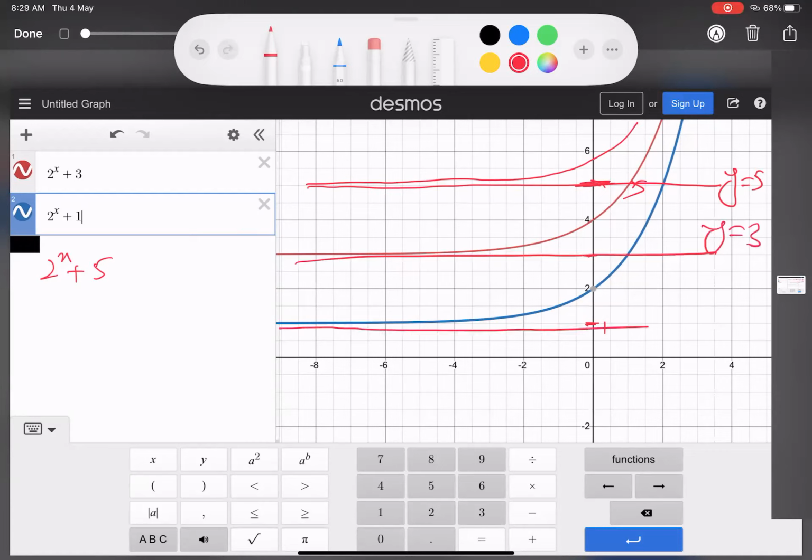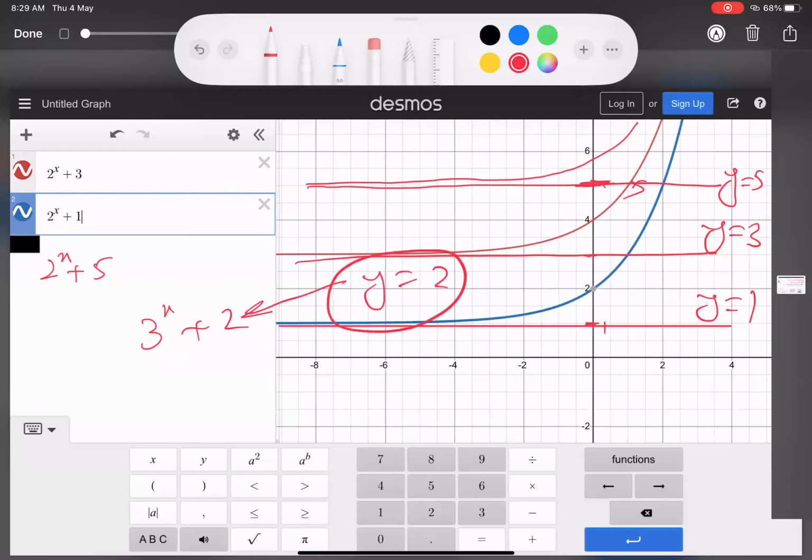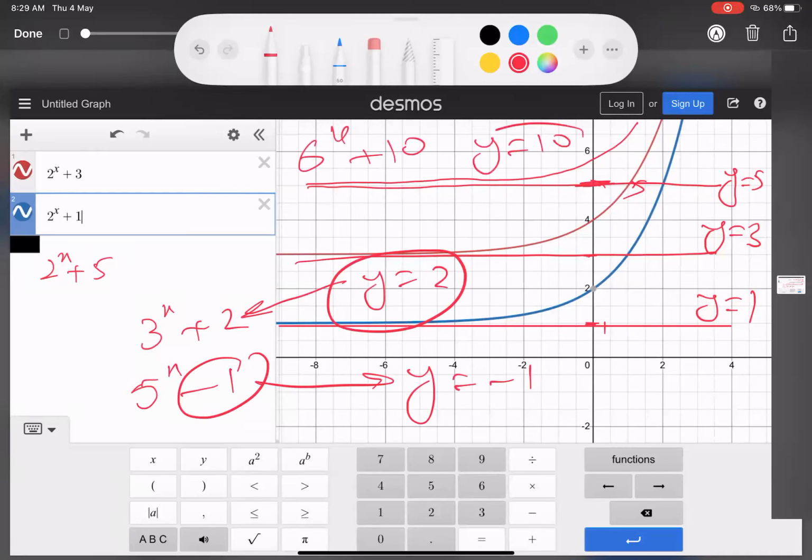For the blue curve, y equals 1 is the equation of the asymptote. It means what we have here, 3 to the power x plus 2, this number, y equals it, is the equation of the asymptote. 5 to the power x minus 1, so y equal to minus 1 is the equation of the asymptote. If I have 6 to the power x plus 10, y equal to 10 is called the equation of the asymptote. So I believe you got the point very clearly.